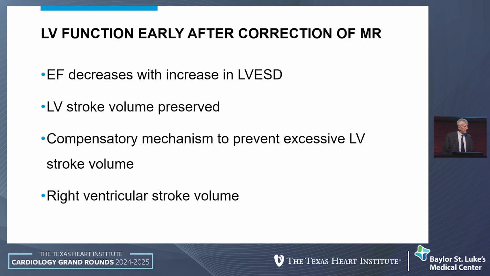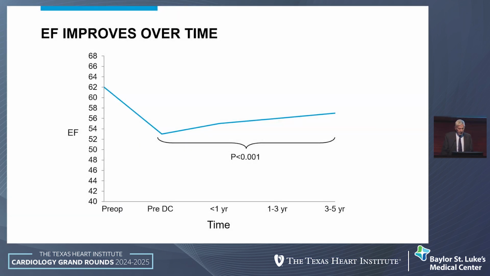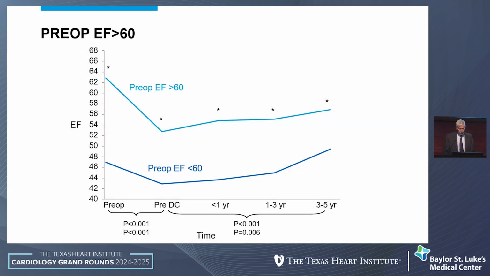It really can't do that. It can't go up to 120. Now, with time, that ejection fraction will improve. It improves more and more completely in patients who have relatively normal ejection fractions pre-op. If your patient comes in with a reduced ejection fraction, the chance of getting a normal ejection fraction 3 to 5 years later is almost zero.